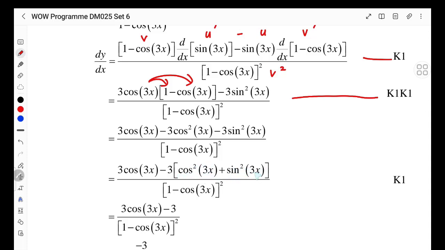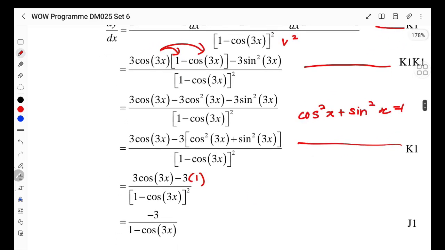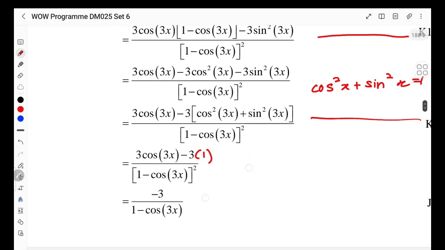Even though the angle is 3x, it doesn't matter. The most important thing is you notice that actually we are using the trigonometric identity here, cos square x plus sine square x equals 1. So here 3 cos 3x minus 3, actually this is 1. K1 by using the trigonometric function.